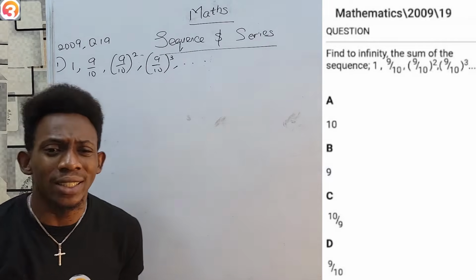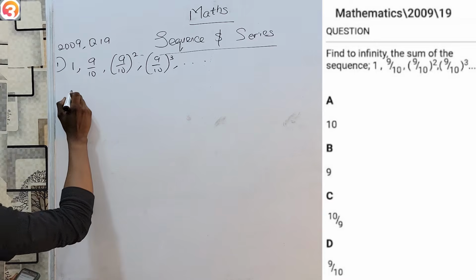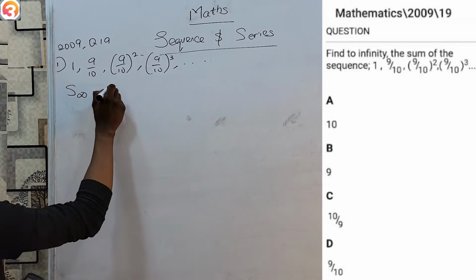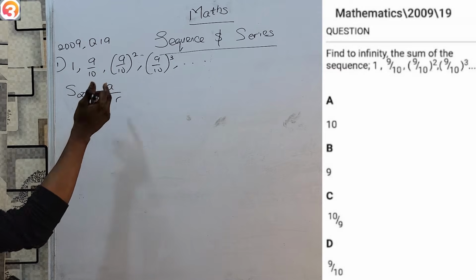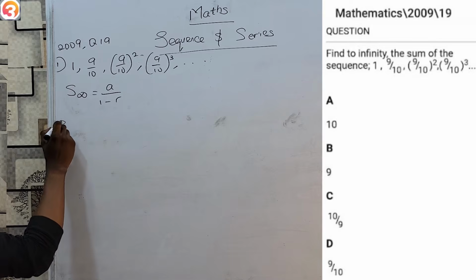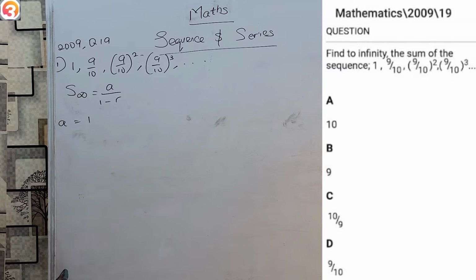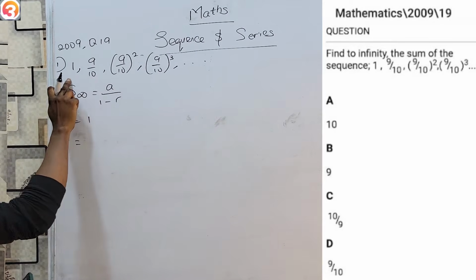So, this is quite easy. First of all, if I can find sum to infinity, the formula is a over 1 minus r. I simply need to know a and r. Well, a is easy. A is always your first element in the sequence, so a is 1. While a common ratio is always the element in front divided by what is behind.